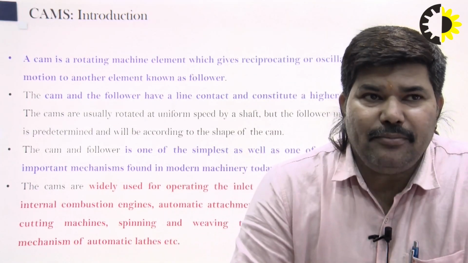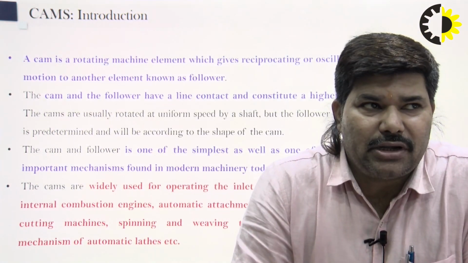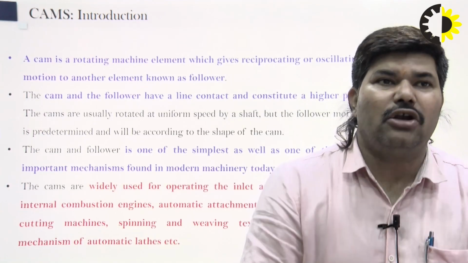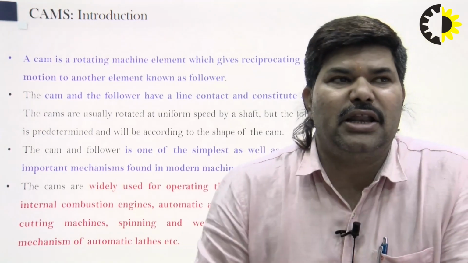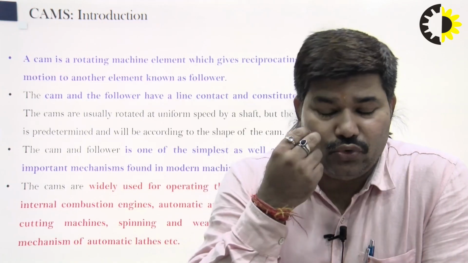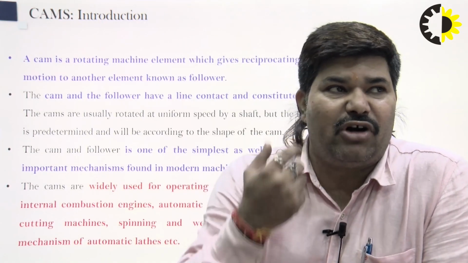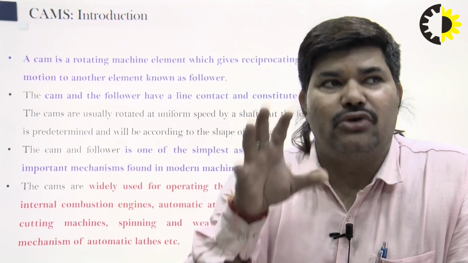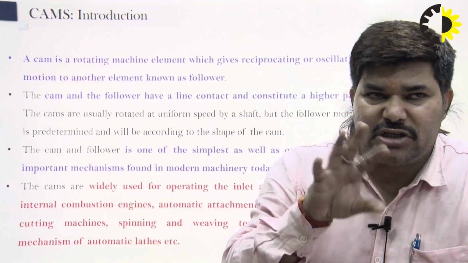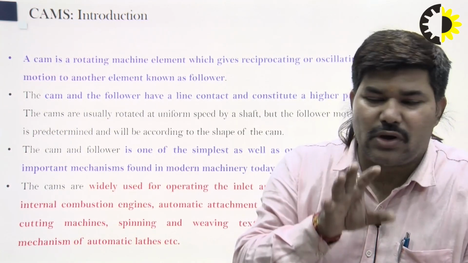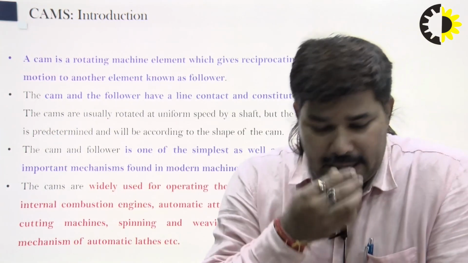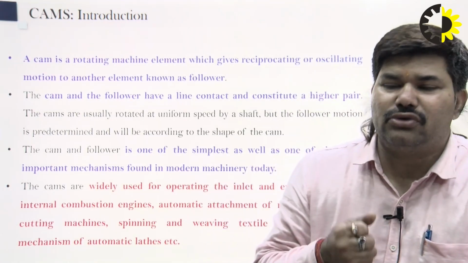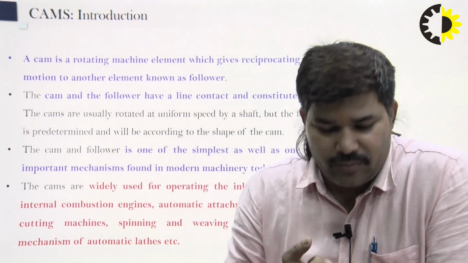A CAM is a rotating machine element which gives reciprocating or oscillating motion to another element known as the follower. There are two elements, the CAM and the follower, different elements. The CAM and the follower have a line contact, or we can say they constitute a higher pair, a point contact basically.